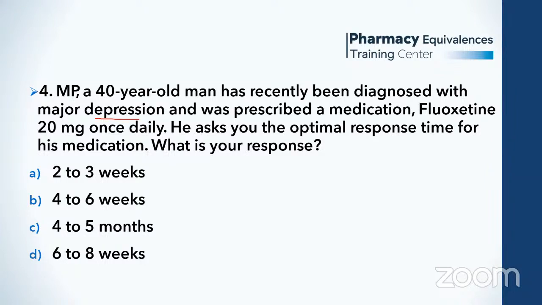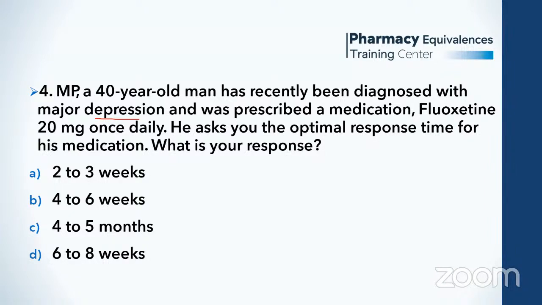So it needs 6 to 8 weeks to give the full response, and the patient should know this very well. Why? Because after 1 or 2 weeks, the patient will not feel any improvement in his case. Just if he has insomnia, it may be improved, but the other depression symptoms will not start to be improved. And if the patient didn't know that this drug takes time to give an effect, he will stop it.